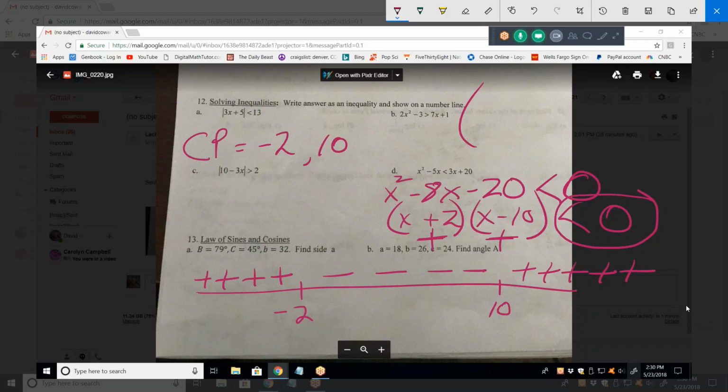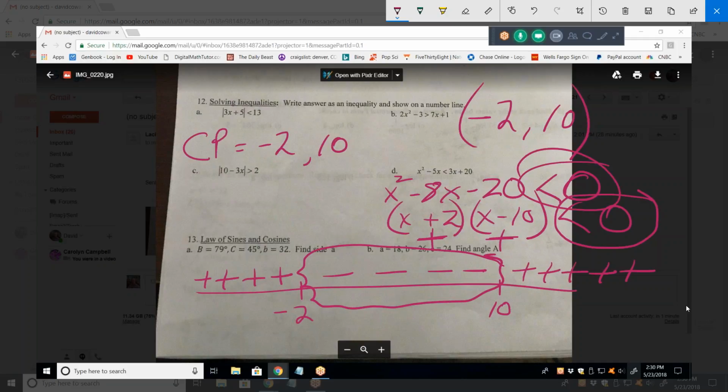So our solution set is all of those answers right there. -2 to 10, and only those. Anything outside of those two numbers makes the product greater than 0. And that's not what we're looking for. We're looking for less than 0. All right.